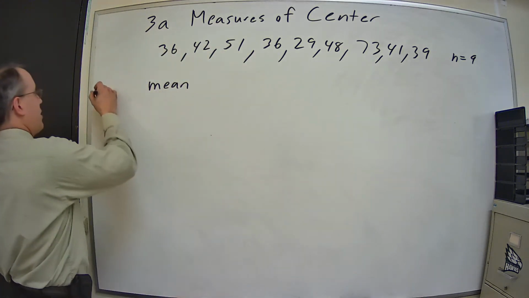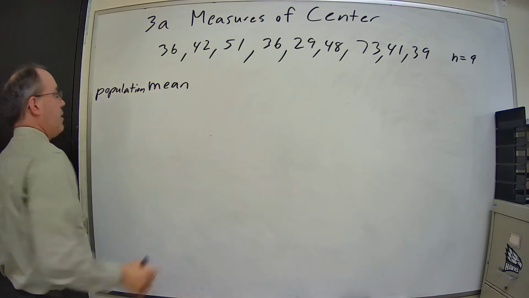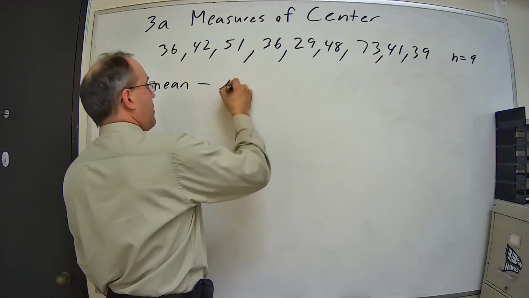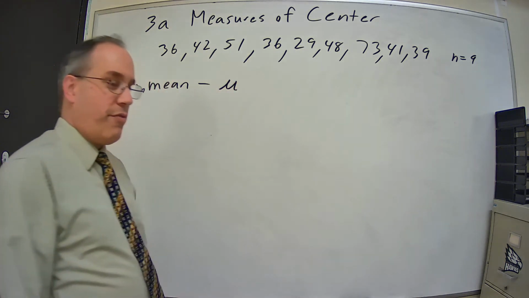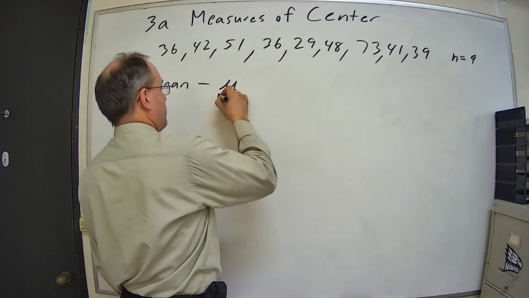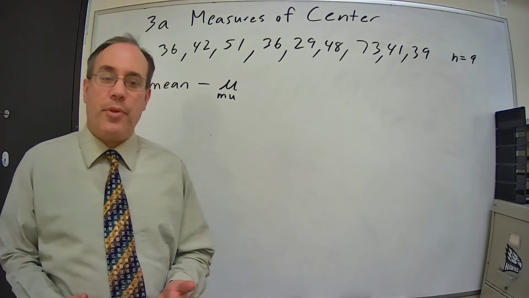So if I make this the population mean, the population mean is defined by the variable mu. That's the Greek letter mu, and that's used for a population mean.